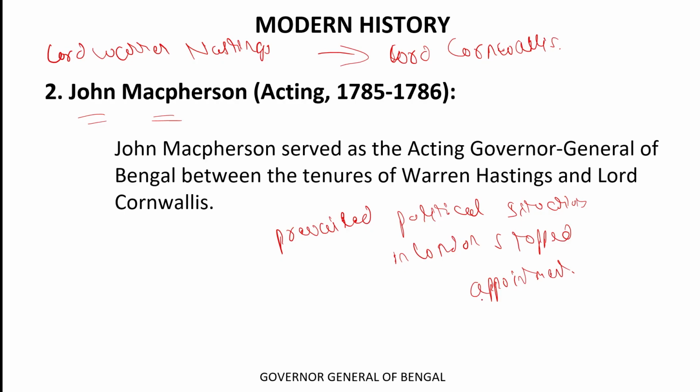But someone had to establish control over Bengal. So John McPherson was appointed as acting Governor General of Bengal till Lord Cornwallis came to India. He handled Bengal for 1 year, from 1785 to 1786.